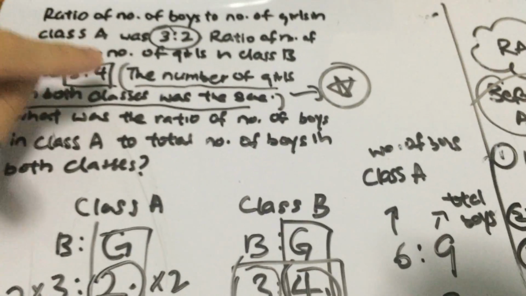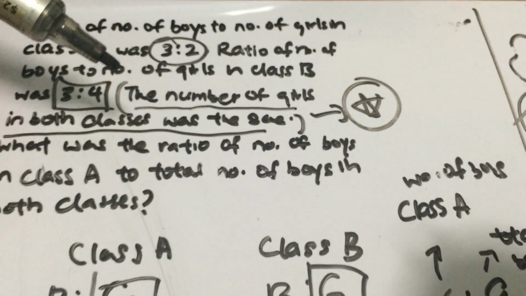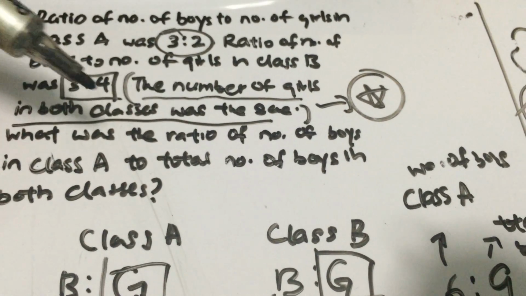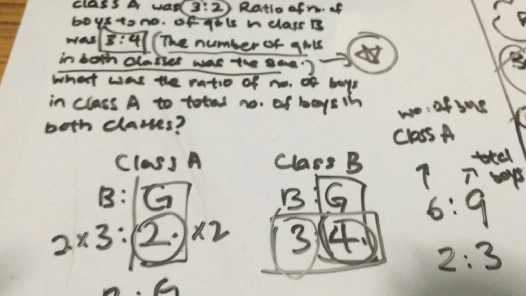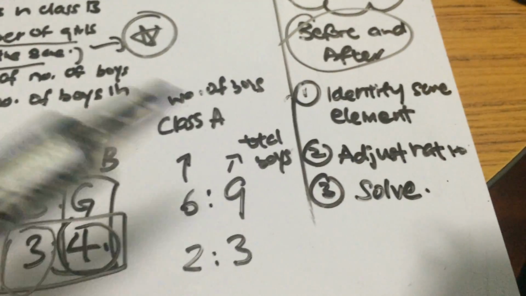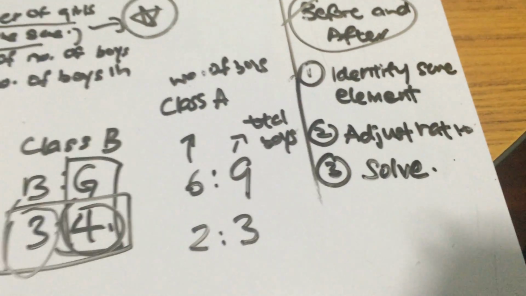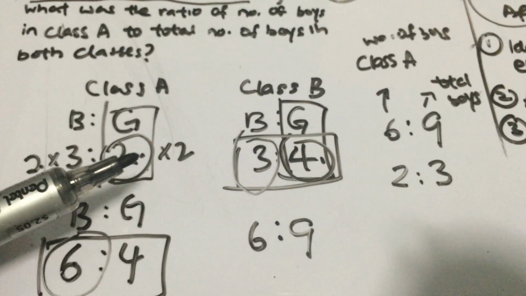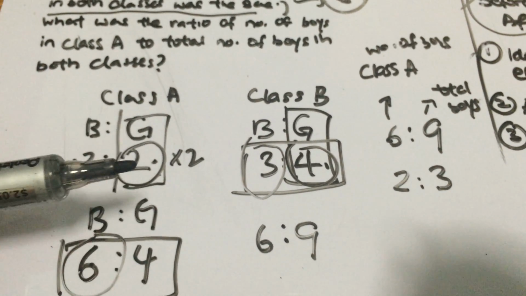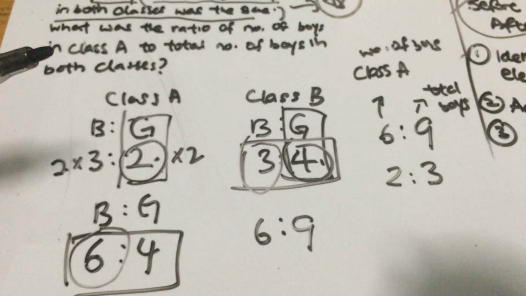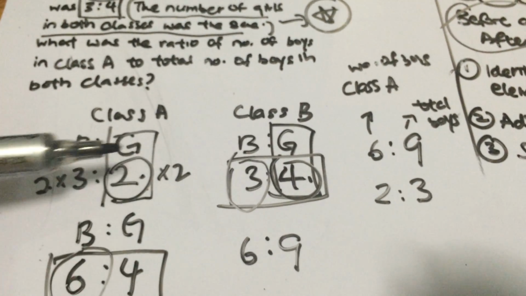Identifying the same element basically means that we have the number of girls in both classes was the same. So we identify this same element that's the same in both classes. The next thing after we identify the same element, we make use of it to adjust our ratio. We know that the number of girls in class A is the same as the number of girls in class B, so we change this ratio itself.